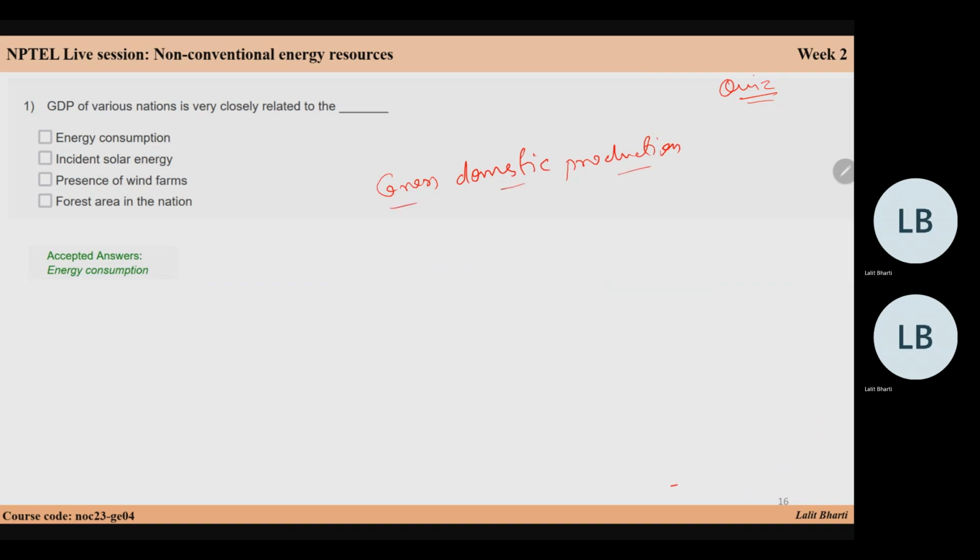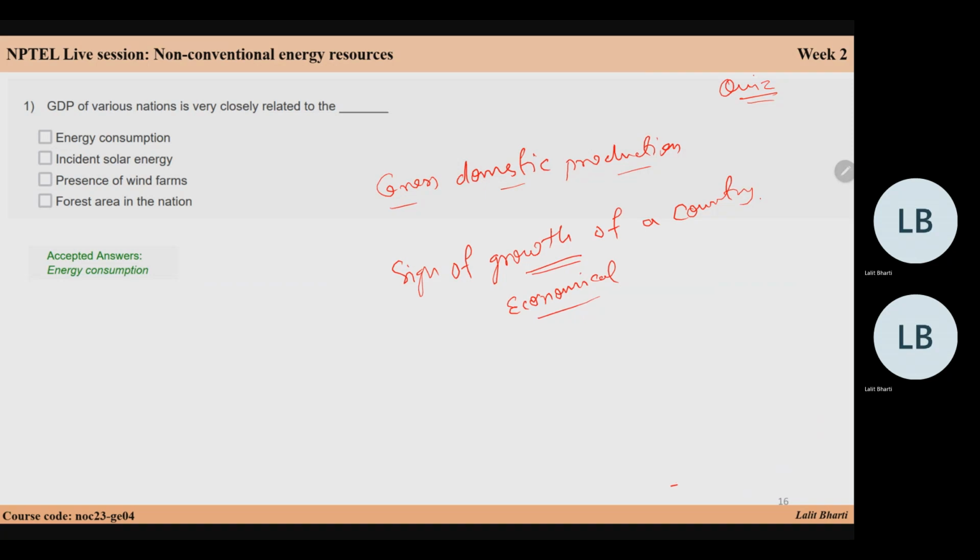As we know from the economics point of view, GDP is a sign of growth of a country. It is basically the economic growth of a country.